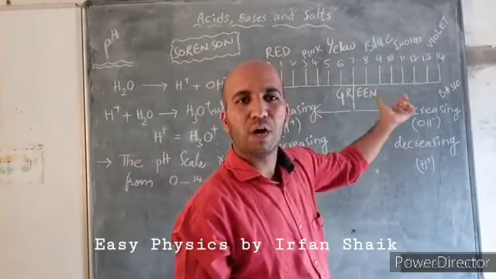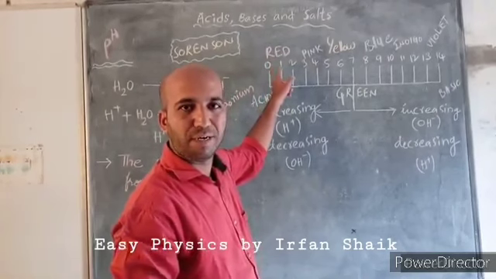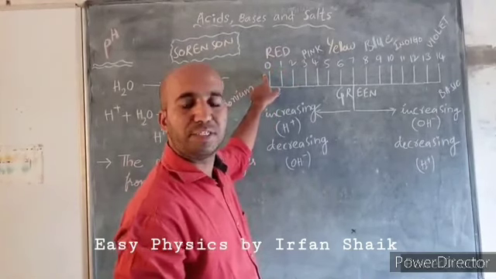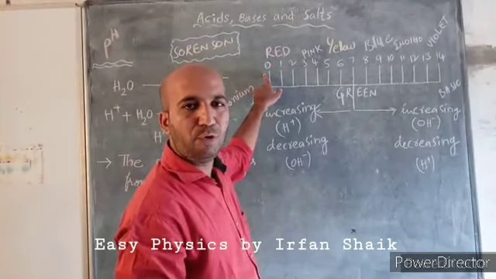If we dip that pH paper into that flask, and the color of the pH paper changes to red, its pH value must be between 0 and 2. That means it is a highly acidic solution.